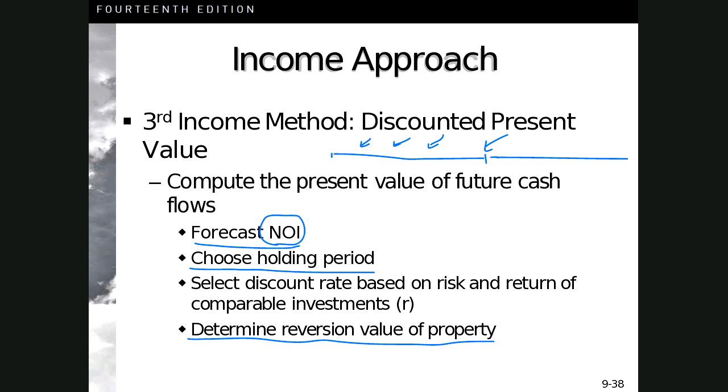And then we are going to choose the discount rate based on risk and return of comparable investments, that's a cap rate, but we are not going to have this reversion value. Does that make sense? So we're not going to consider the selling of it towards the end. So here we are going to consider that towards the end of the investment, we are going to sell this property for the reversion value.